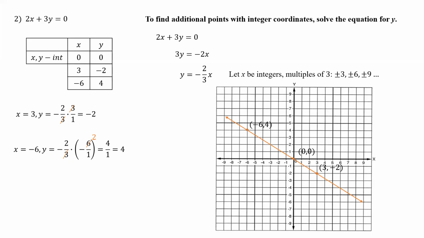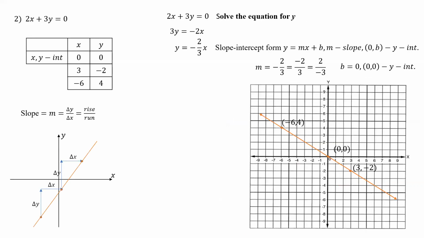But before I move to my last example, I would like to show you a slightly different approach on how to find the additional points with integer coordinates. So now let's look at our equation after we solved it for y. Here, y equals negative 2/3 x, and you probably already recognize that this is the slope-intercept form.